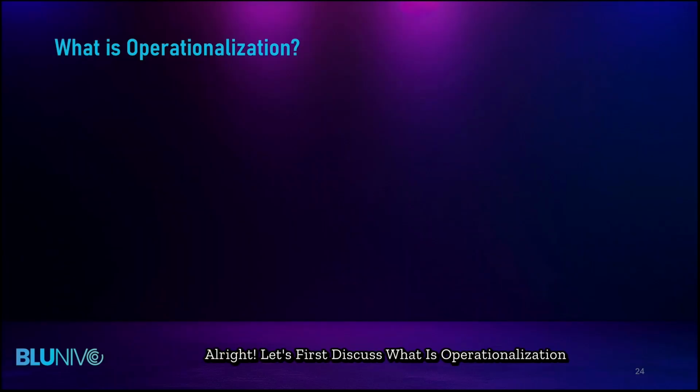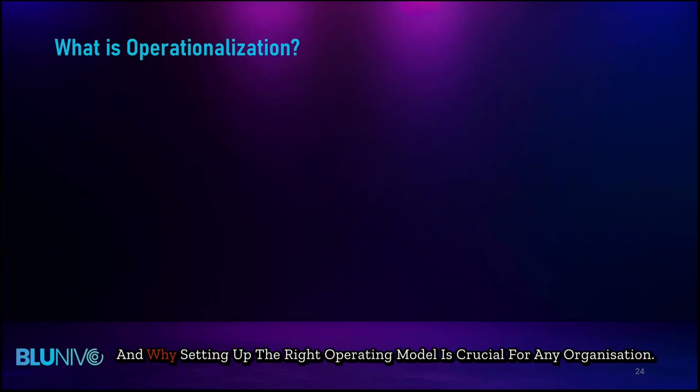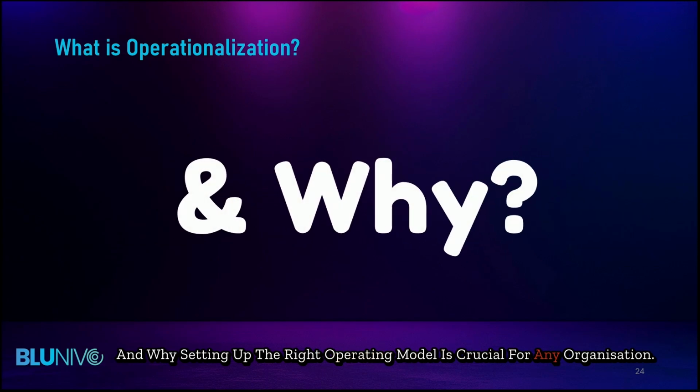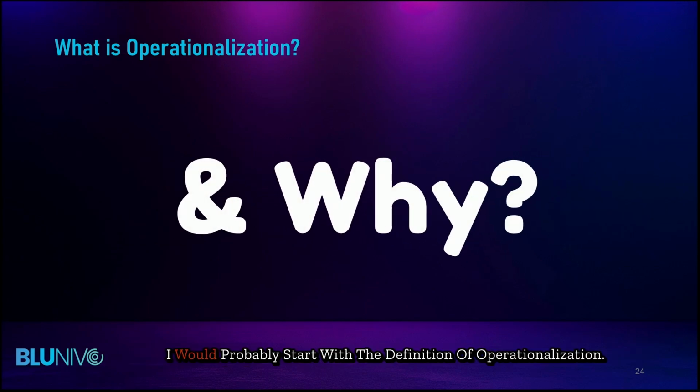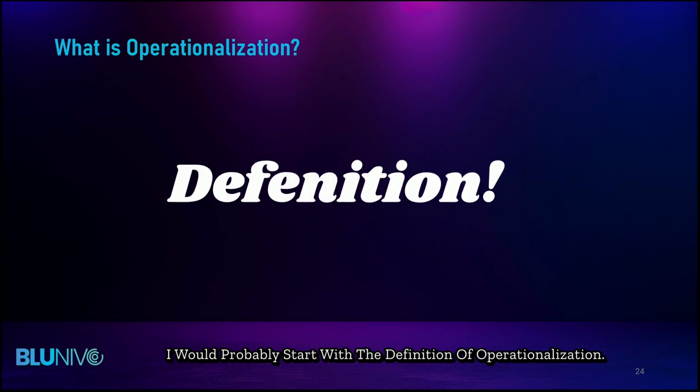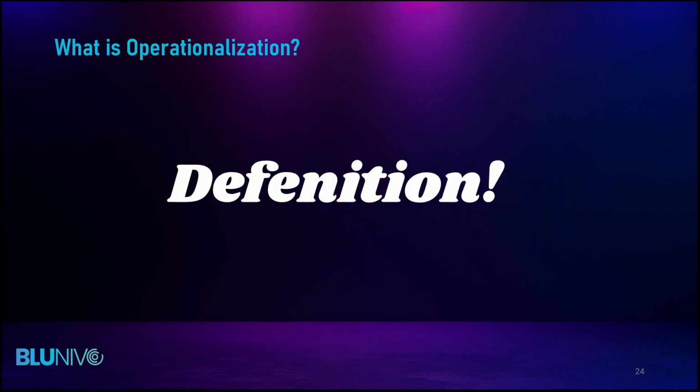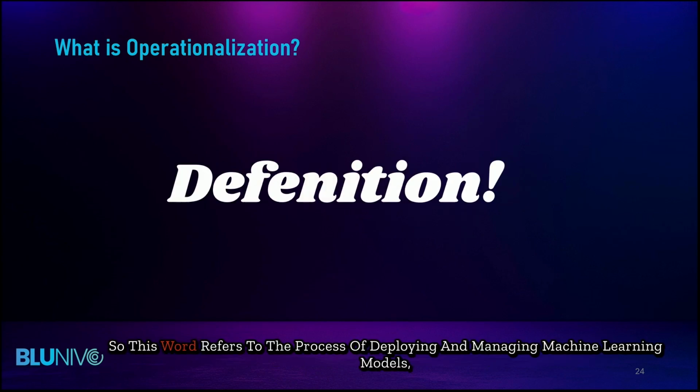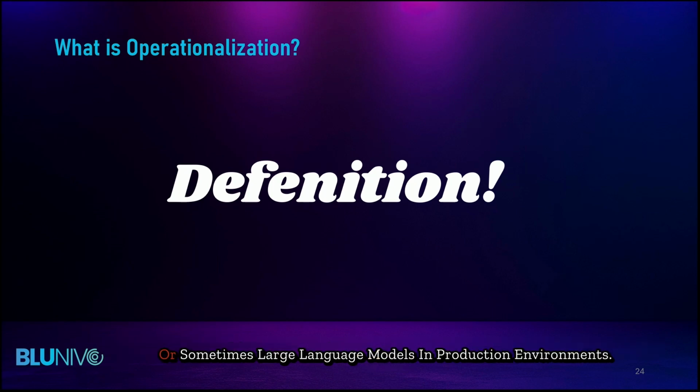All right. Let's first discuss what operationalization is and why setting up the right operating model is crucial for any organization. I would probably start with the definition of operationalization. This word refers to the process of deploying and managing machine learning models, or sometimes large language models, in production environments.